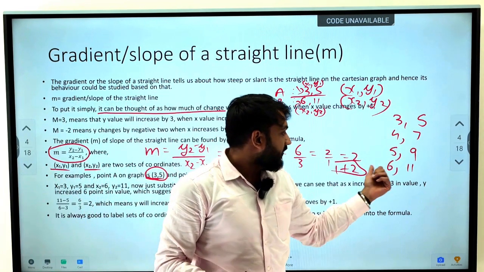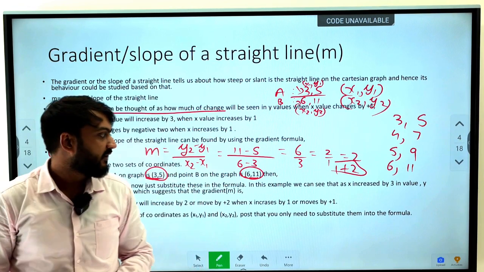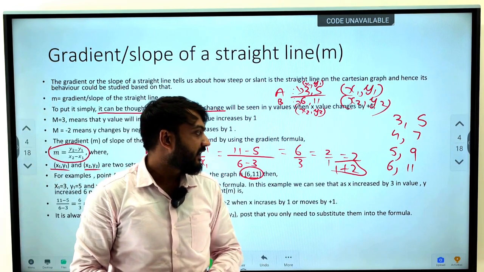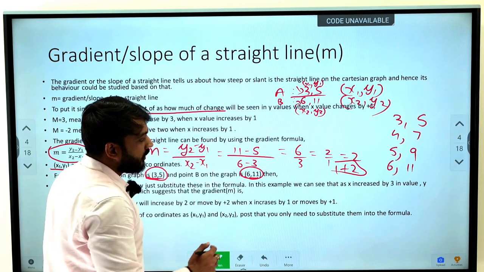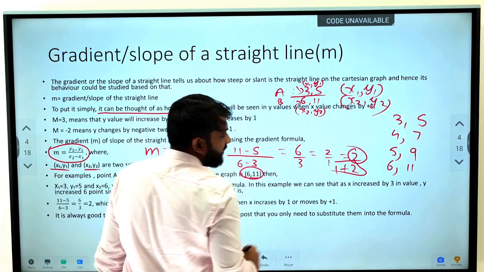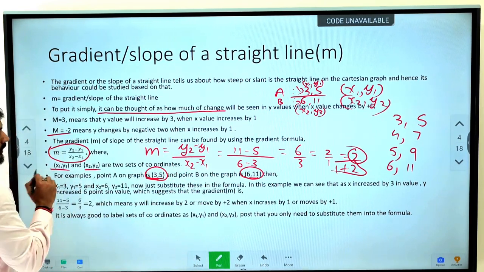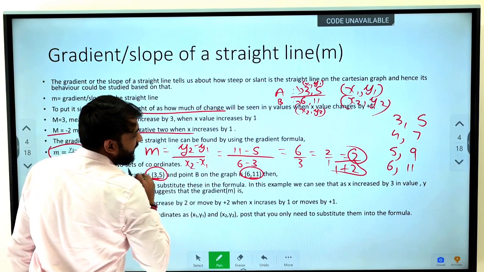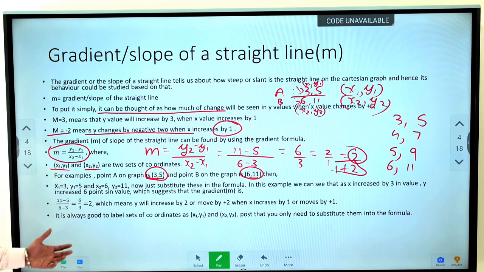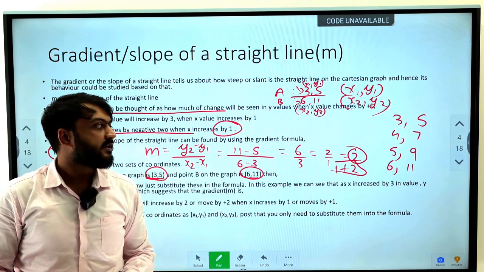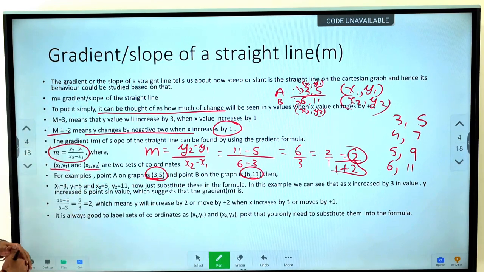And as I tried to reach x value 6, I saw that my y value is 11. Simply following this logic that every time x increases by 1, y must increase by 2 if the gradient value is 2. Likewise, if the gradient value was negative 2, it means that y changes by negative 2 as x increases by 1. Right? So you just go on subtracting 2 instead of adding 2 if your gradient value were negative.